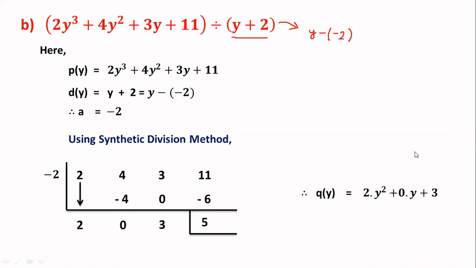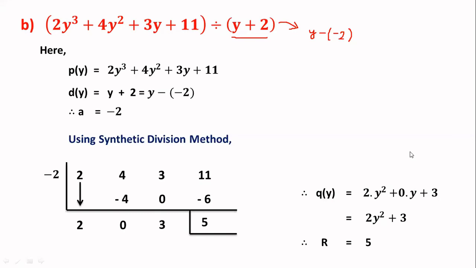Yes, very good. I think you have also come up with the same answer. When we simplify this, we get 2y squared plus 3 as the quotient, whereas the remainder value is 5. So this is our second example of the divisor's form x plus a.